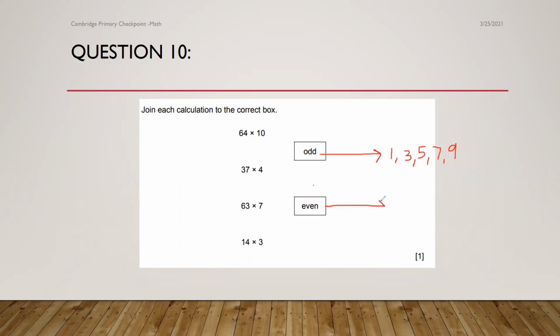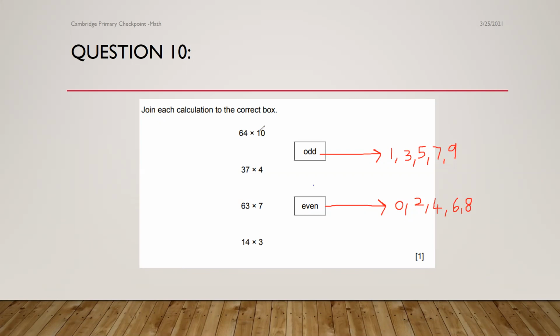And the even numbers are ending with 0, 2, 4, 6, and 8. Now, when you're going to do this question, you don't want to multiply the whole thing. By looking at the last 2 digits, you can identify.